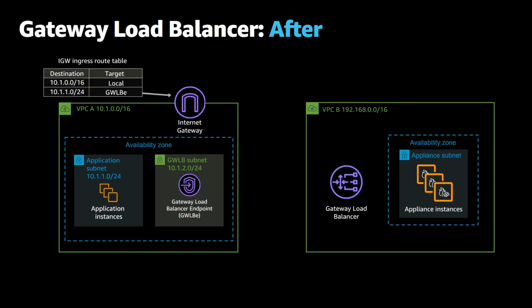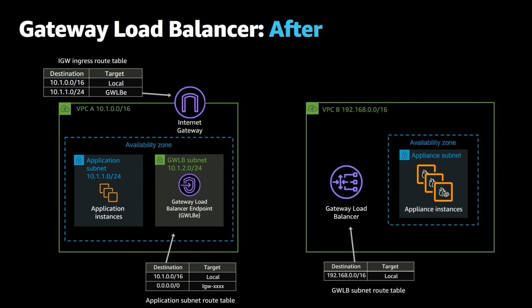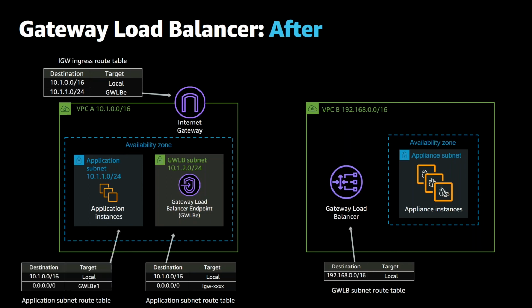I have my internet gateway with a local destination with 10.100/16, and it's going to send everything to the gateway load balancer endpoint as the traffic comes in. The endpoint is just basically saying internet, go to the internet gateway. Then 1 is my local subnet. My gateway load balancer has a local destination with the subnet route table. And my application instances have a 0.0.0.0/0 pointing to the endpoint here, okay?